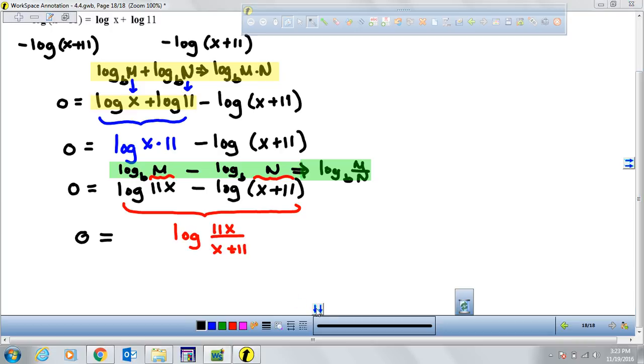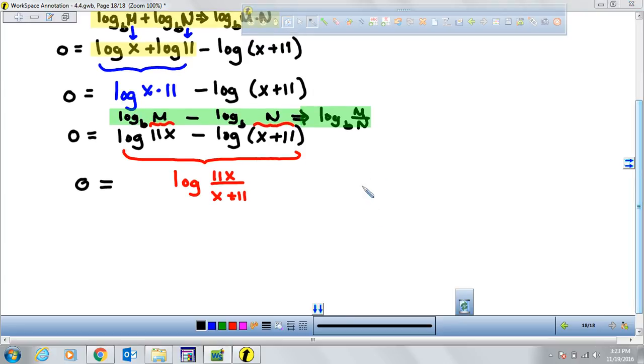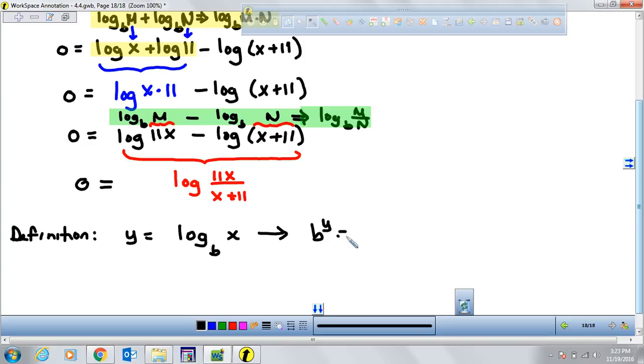Now that we have condensed that into one log, what do we need to do? We need to use the definition of the logarithm and rewrite this in exponential form. So right here you see that y equals log base b of x, that is equivalent to b to the y equals x. What we see on this log is that the y, my exponent, is 0.